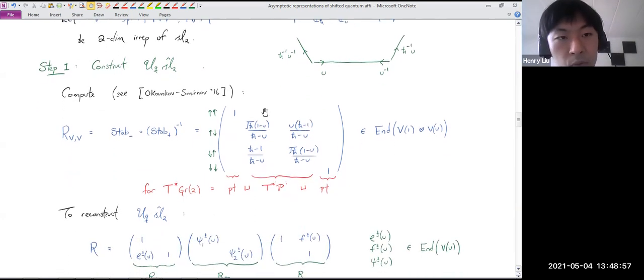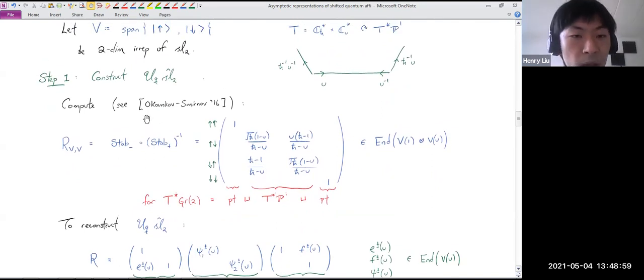So how does it work in the standard case? First you compute the R matrix for not just T star P1, but the relevant Nakajima quiver variety, which is T star of the Grassmannian into C2, which has three components, right?